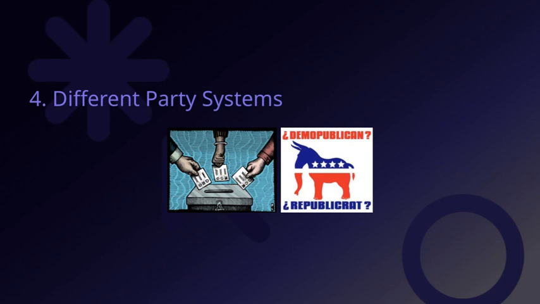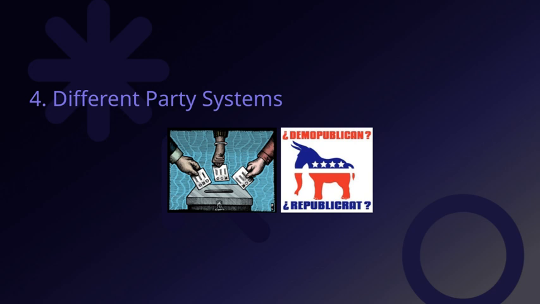When we talk about party systems, we're referring to the way political parties are organized and operate within a country. There are several types, each with its own characteristics and implications for governance. For example, in a one-party system, only one political party dominates, which can lead to stability but also limits political competition.